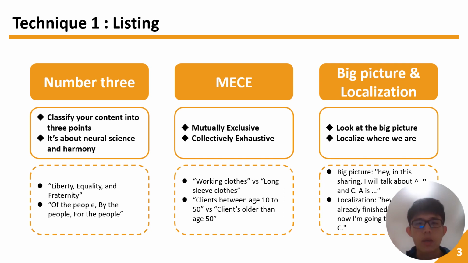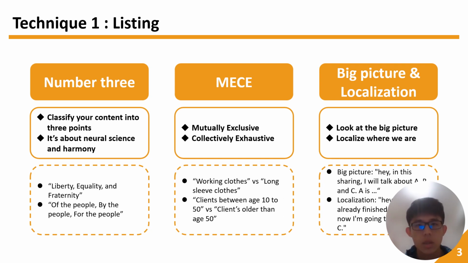I think it's apparently not right, because I can guarantee you have clothes that are for work and are also long sleeve. There's no way to place these clothes, because the groups go against each other.